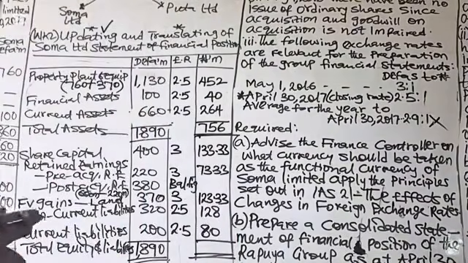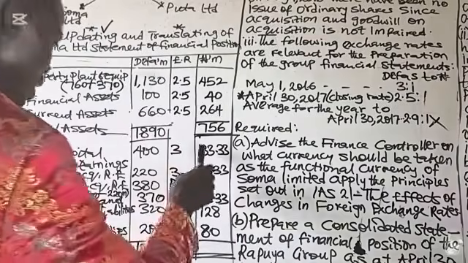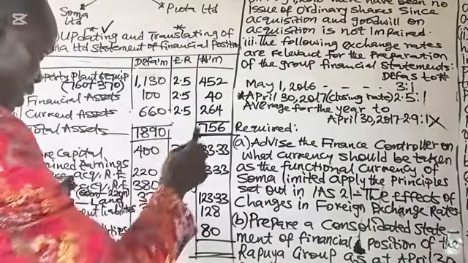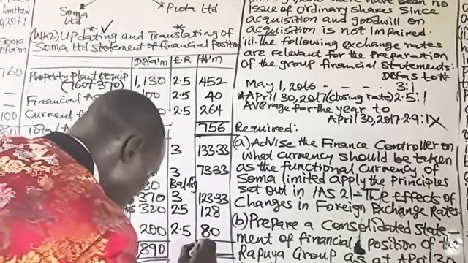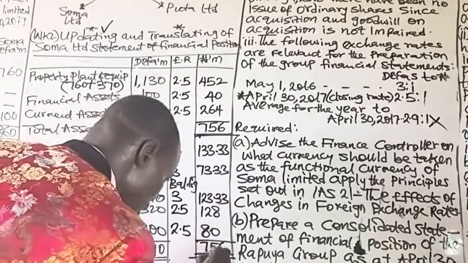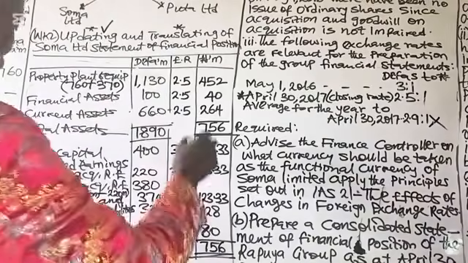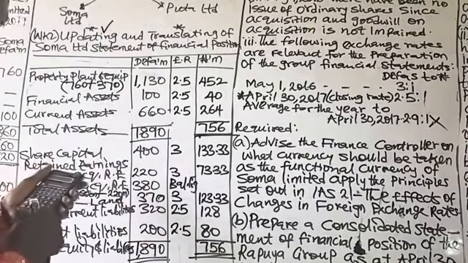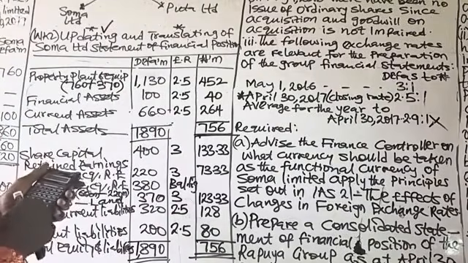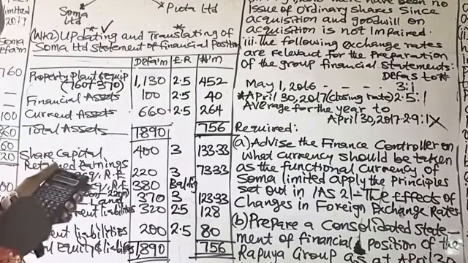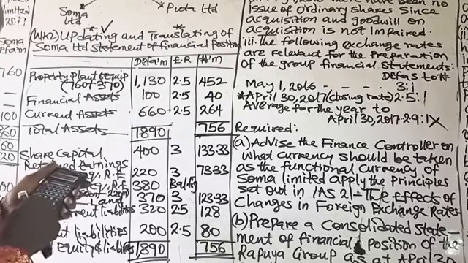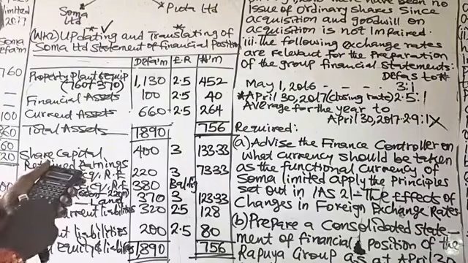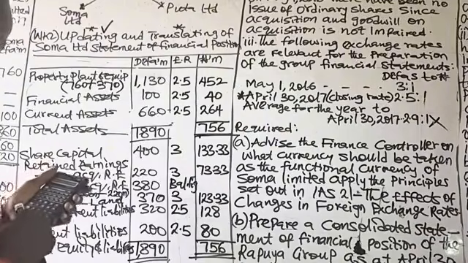So we are left with the post-acquisition profit. You know the total of all this must be equal to the total asset, which is 756. So let's sum them up. 133.33 plus 73.33 plus 123.33 plus 128 plus 80.